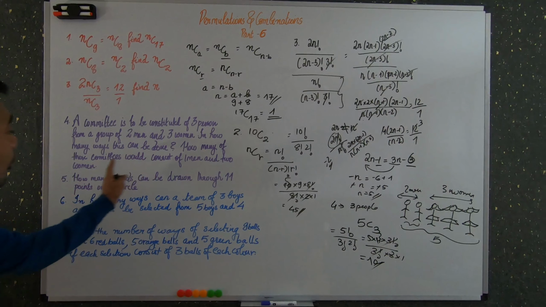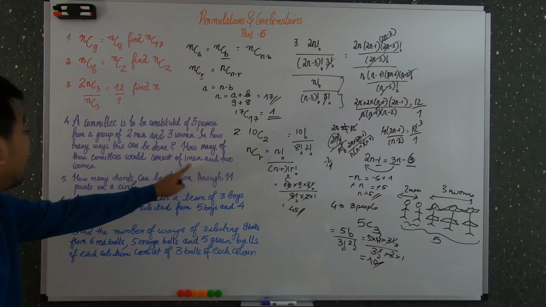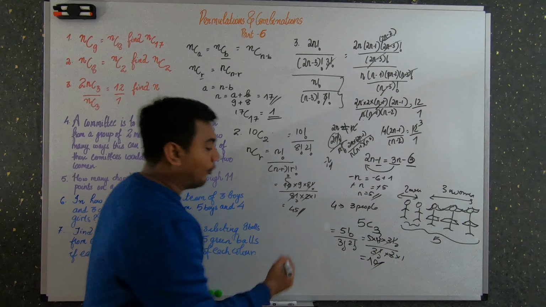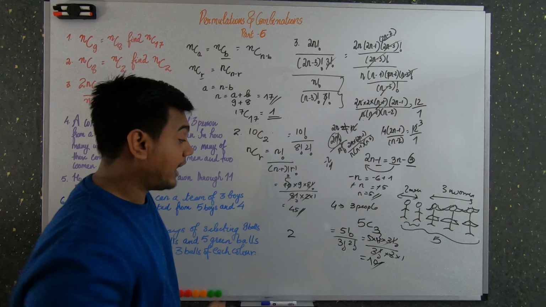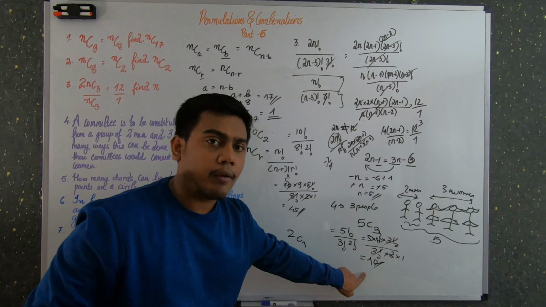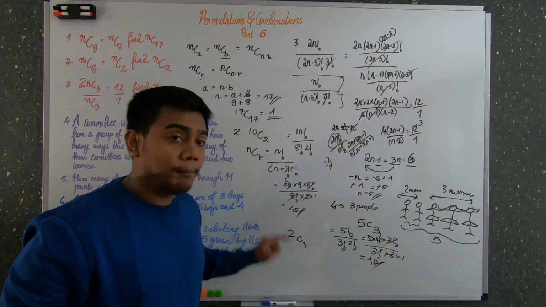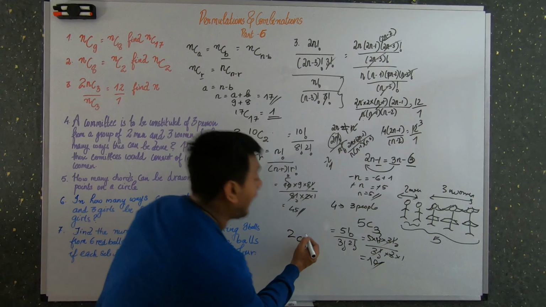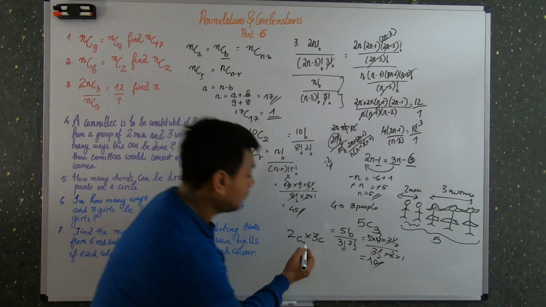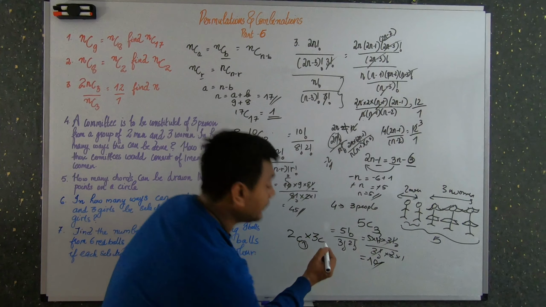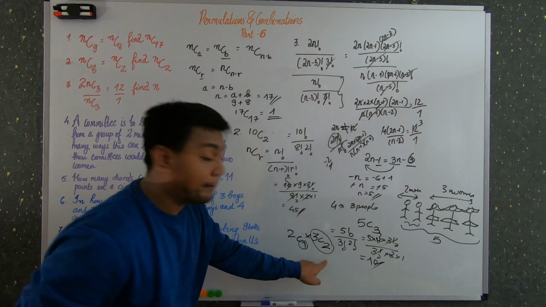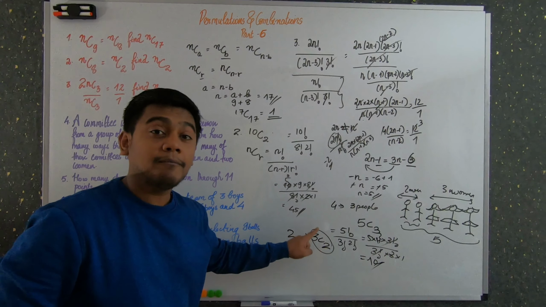That is important. How many of these committees would consist of 1 man and 2 women? So it's interesting, right? You have 2 men, and in this committee you have to check out of these 10 combinations how many combinations there are with 1 man, and there are 3 women, right? From those 3 women you have to select. 1 is already taken. So what is left over here? 3C2 combinations. You can select a combination of 2 women from 3 women.